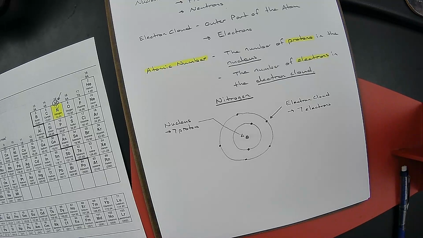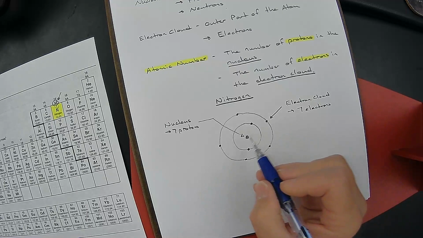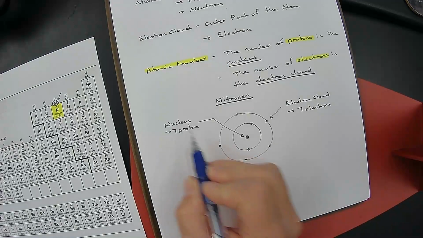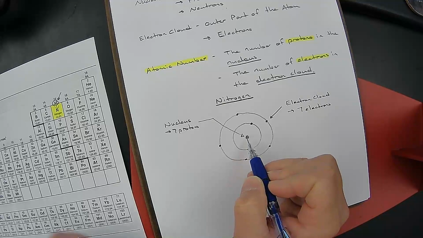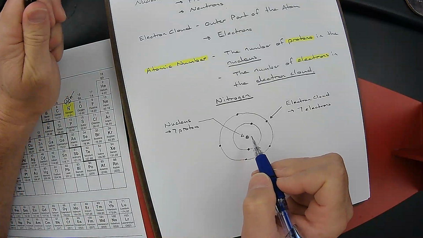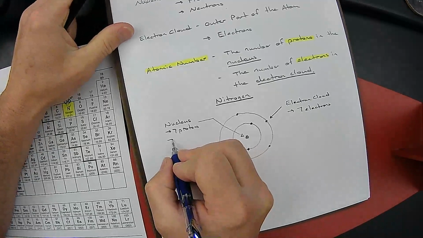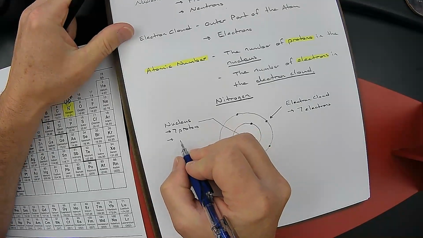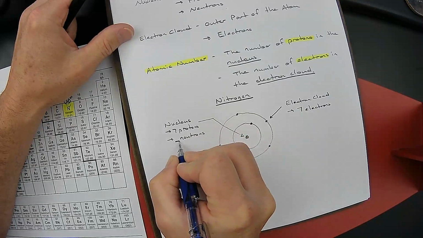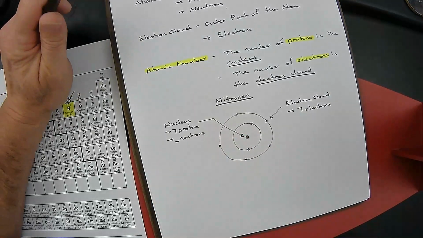Now, we also know that nitrogen's nucleus contains protons, but it also contains one other type of subatomic particle: neutrons. Notice, I'm not putting a number in there right now.